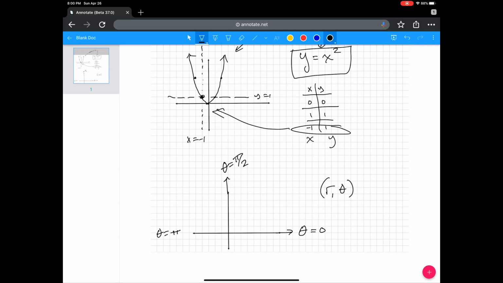So I can imagine rays pointing out from the center in a particular direction being all of the points on the graphing system that have that particular angle. So for example, if I point out in this direction, then I'm at an angle where theta is equal to pi over 4.